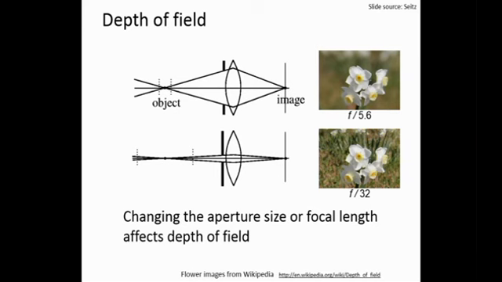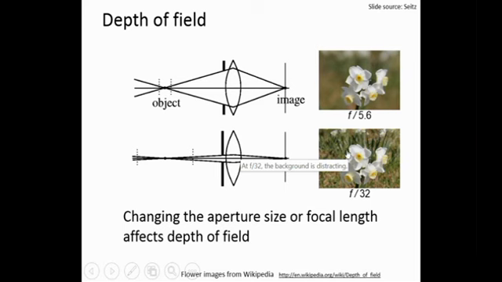So if the aperture is really big, then you have a small depth of field. Here the flower is in focus, but the things behind it are all completely out of focus. If you have a small aperture, then you have a large depth of field, and so the objects around the flower are more in focus. They're just a little bit blurry.